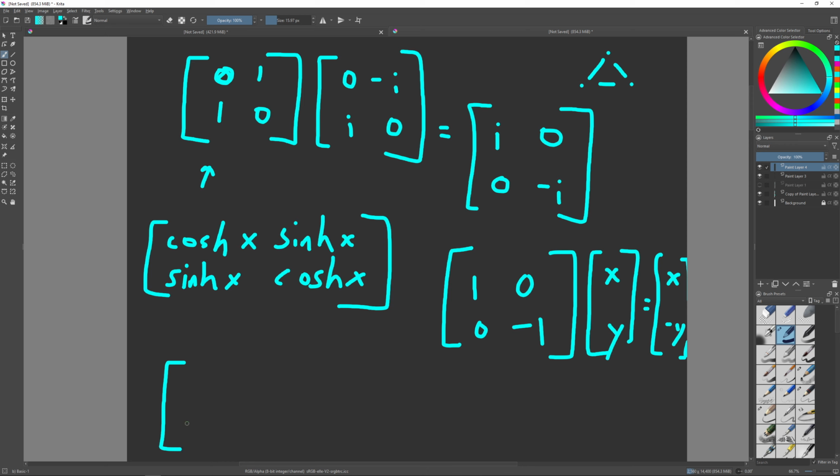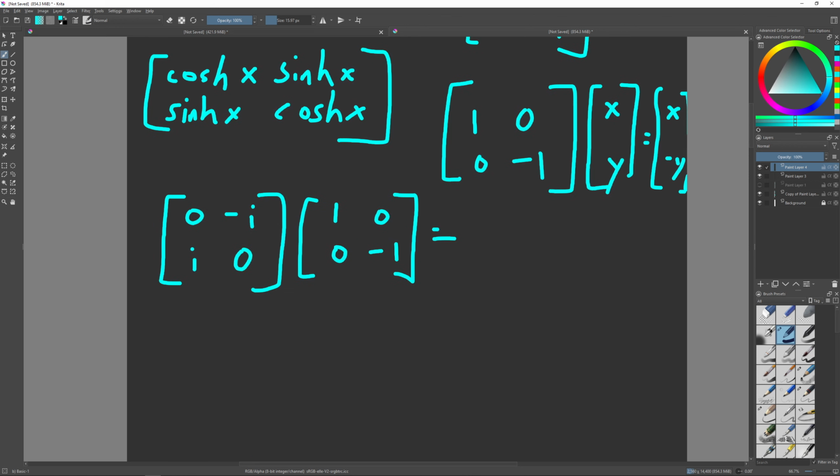So let's see what happens when we right multiply by this matrix right here. Okay, so the first term will be this times this plus this times this, which is 0. Then we get positive I.